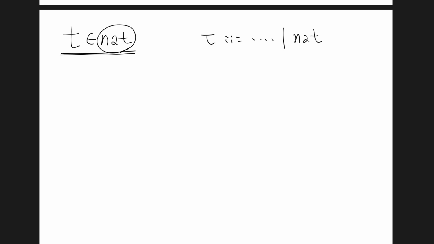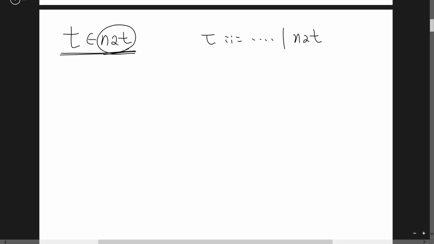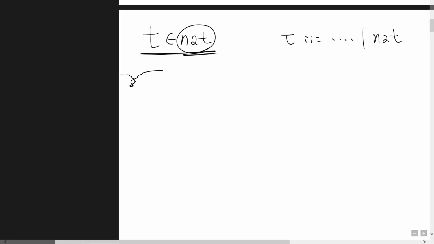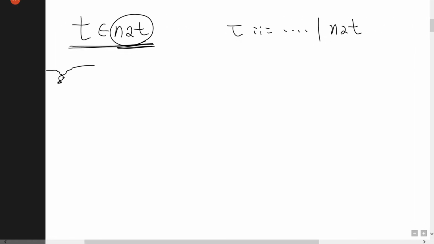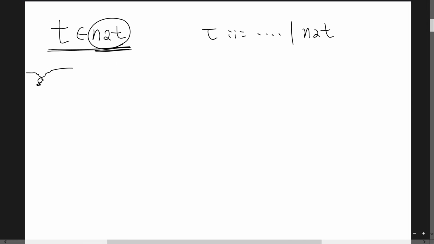And the idea behind this natural number, or the definition of a natural number, is it's either zero or successor of another natural number.